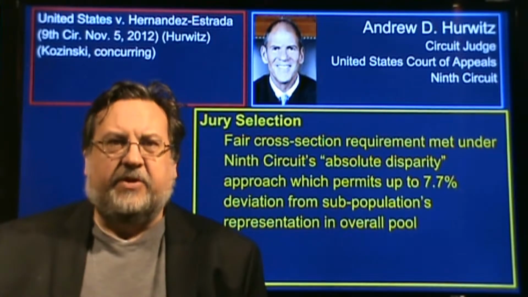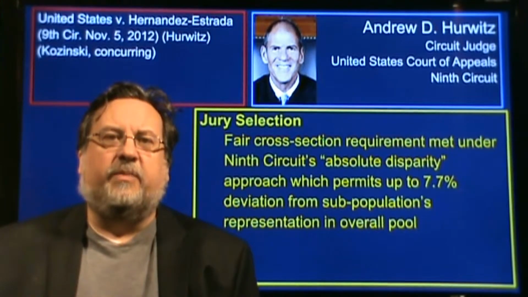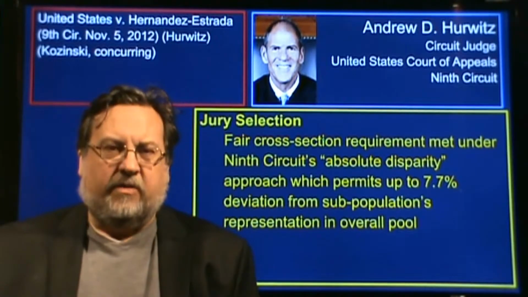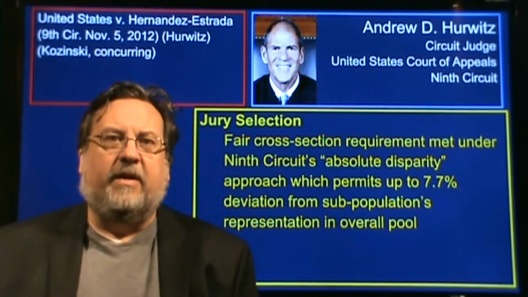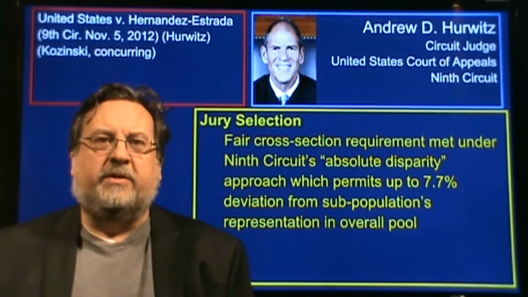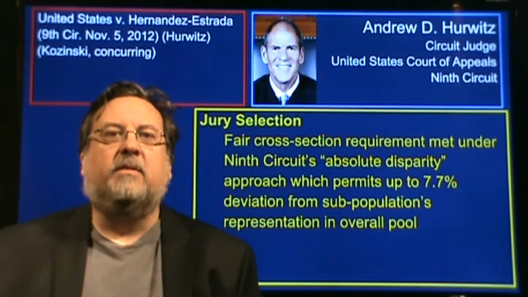In United States v. Hernandez Estrada, the panel faced a challenge to the jury selection process as employed in the Southern District of California. Although the panel found several irregularities in those procedures, it ultimately upheld the jury veneer because the disparities were below the 7.7% figure.